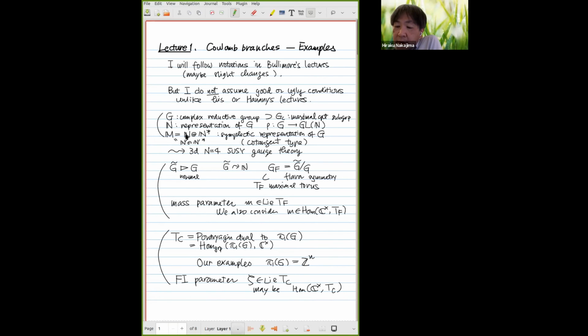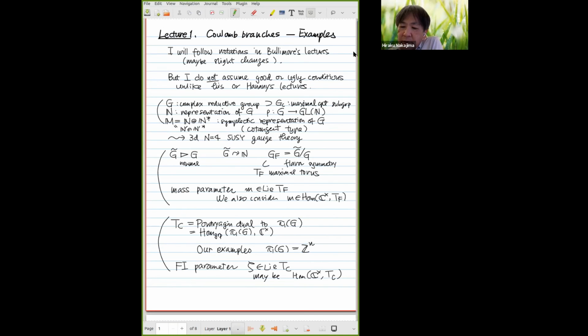Before I wrote the paper with Braverman and Finkelberg, I proposed some approach to define a Coulomb branch for more general M, which is not necessarily of this form. But there is some technical issue to justify this approach, and so far I don't know how to overcome this difficulty in general.